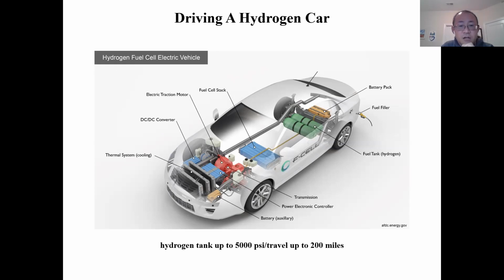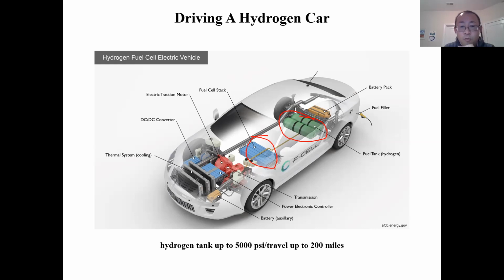You can see that in order for the cell to work, you have a fuel cell pack, the device that converts chemical energy into electricity, and you need a hydrogen tank, a fuel tank filled with hydrogen.